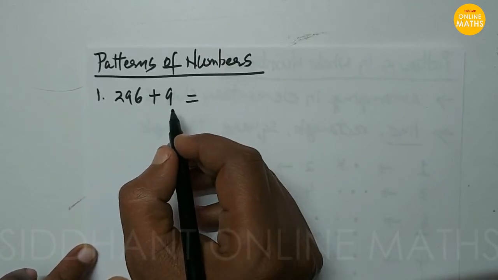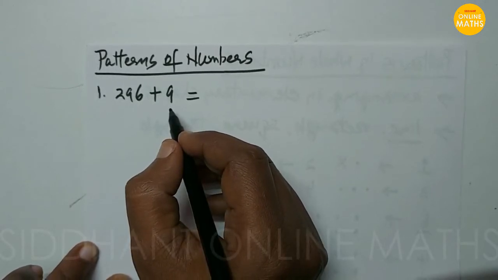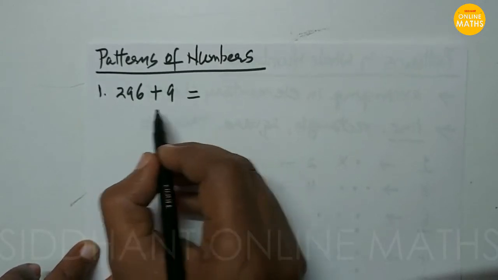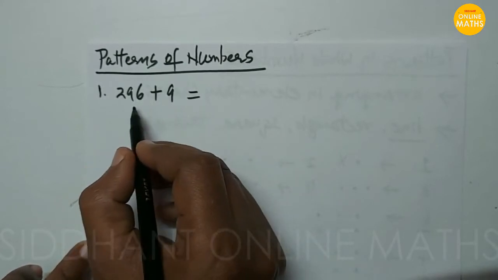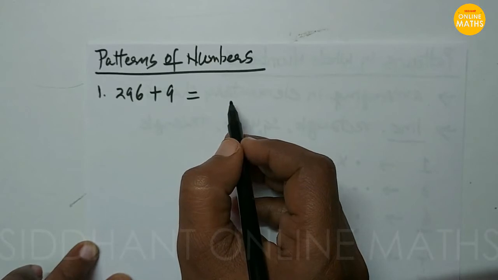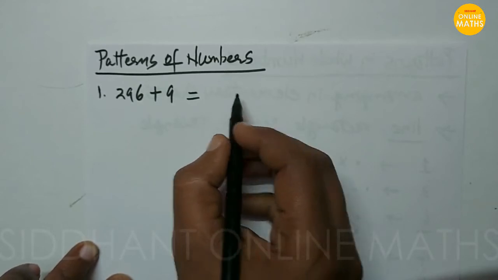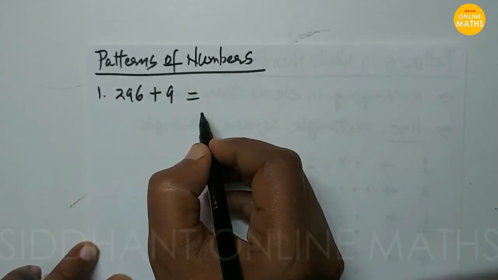So mentally you can add the two numbers. When the numbers are small, we can add it mentally, but when the numbers are large, with 8 digits, 9 digits, then it is somewhat difficult to add it mentally. So we go for some pattern here.